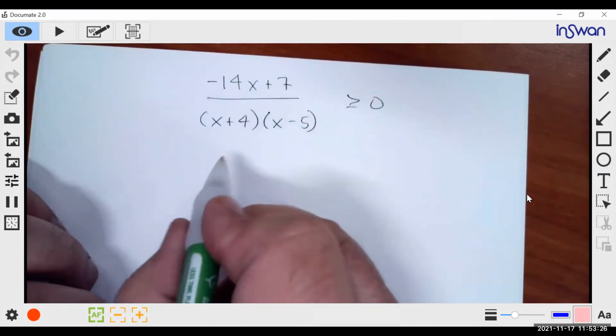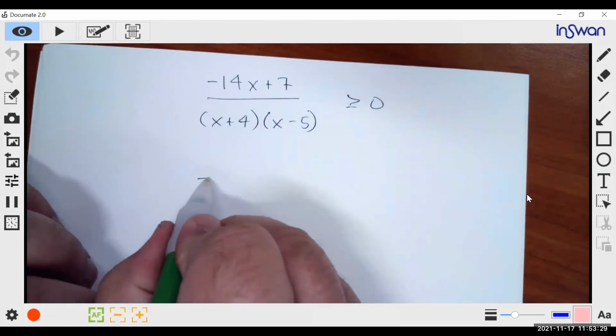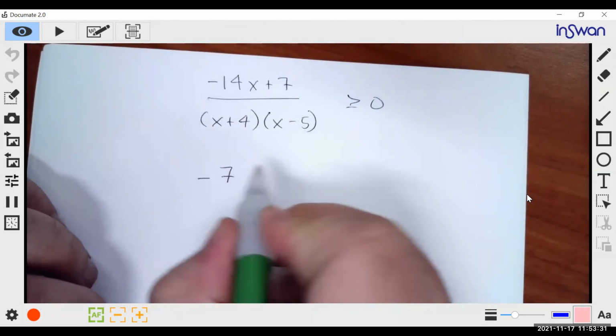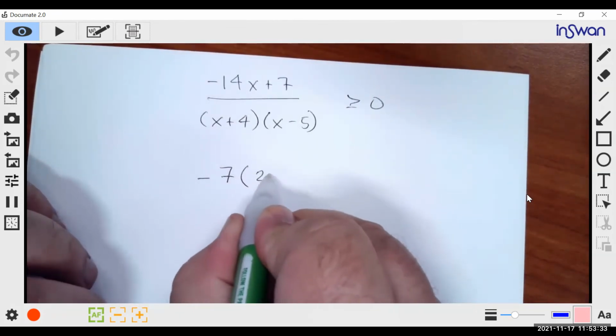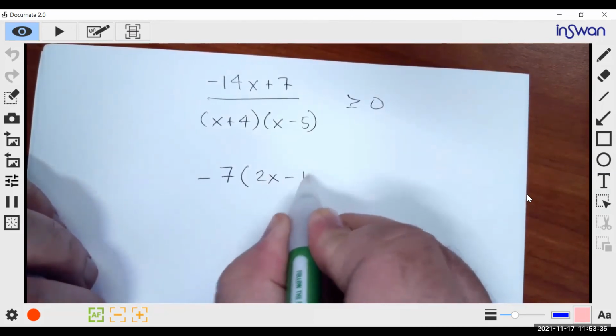Now we can factor out the top also. Take out the negative, and they both have a 7 in common.